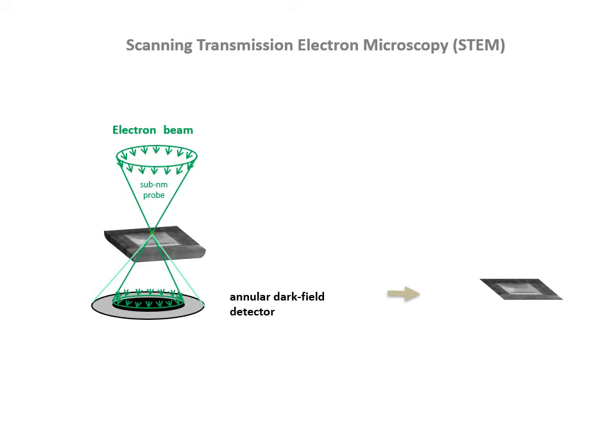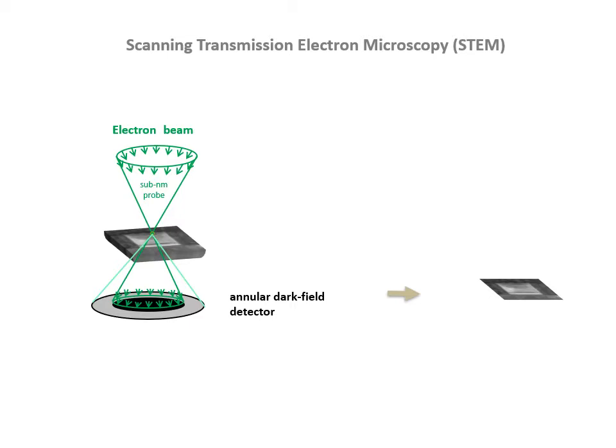Let's consider, for instance, scanning transmission electron microscopy, STEM, when we focus an electron beam into a very small probe and scan it across the sample while recording the electrons deflected due to interaction with the sample. Recording with a special annular dark field detector.